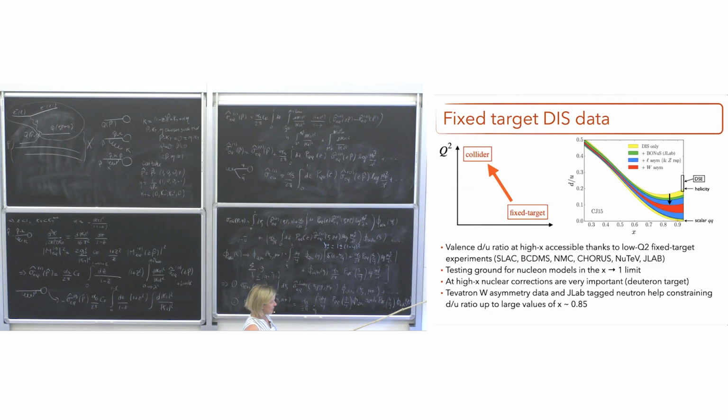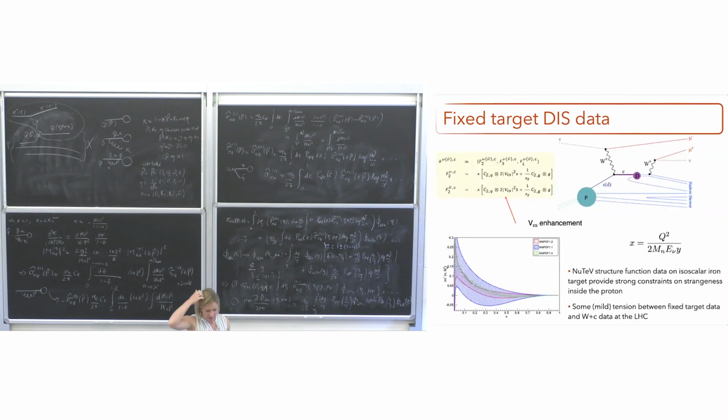It's interesting because they not only constrain the valence d over u ratio at high x, but also test nuclear models in the x to 1 limit, where the isospin symmetry is not valid, so it's much more complicated. You should really correct the data for this kind of effect. I think it's really interesting because they can constrain large values of x up to 0.85, which is very important also for new physics.